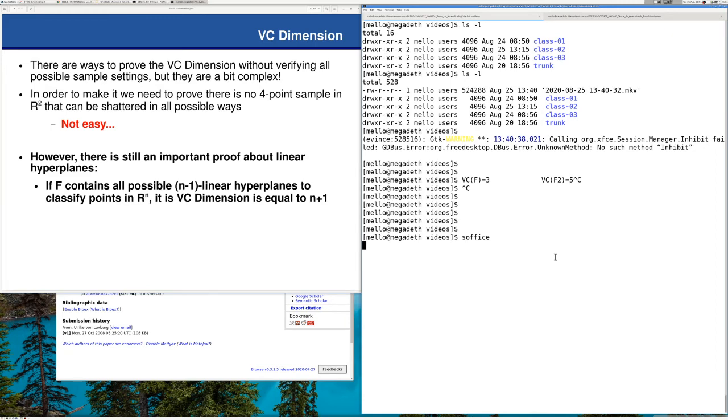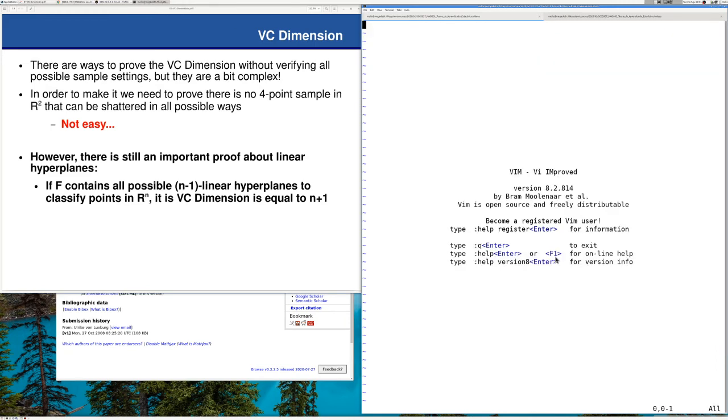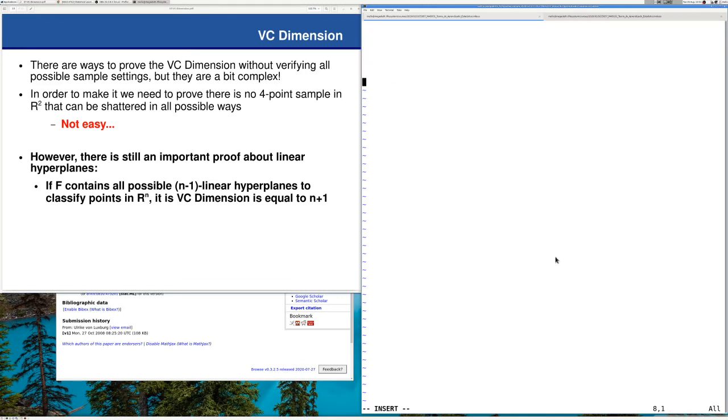There is another important subject to mention. I don't know if you guys remember, but if I consider the shattering coefficient, for a sample with n examples, how many different classifications can I come up with?